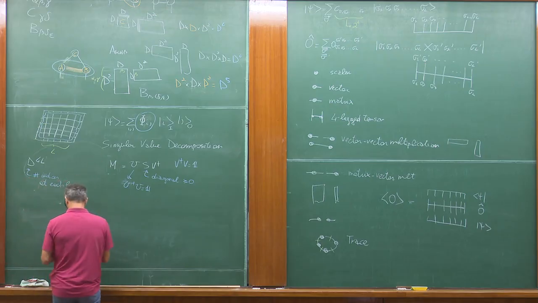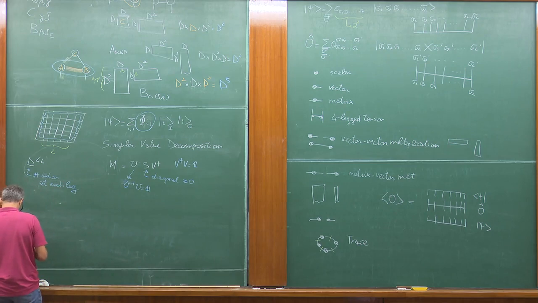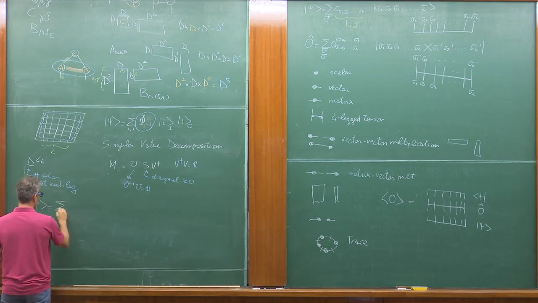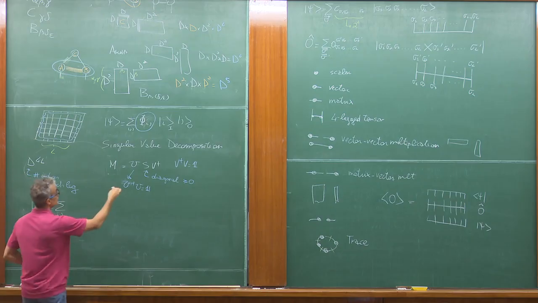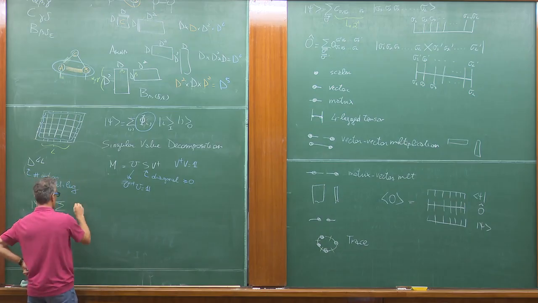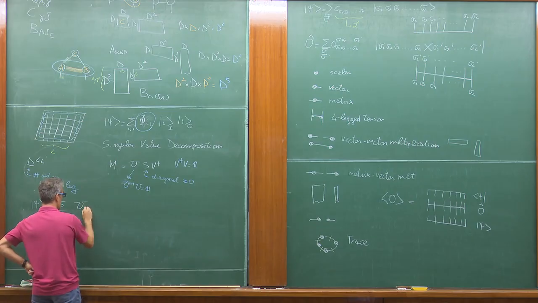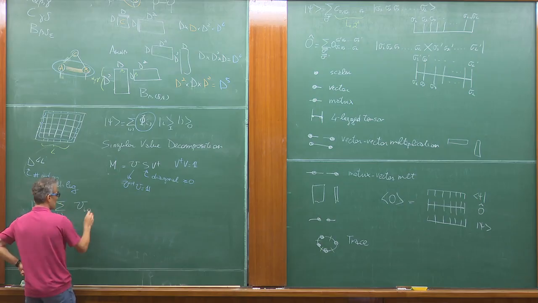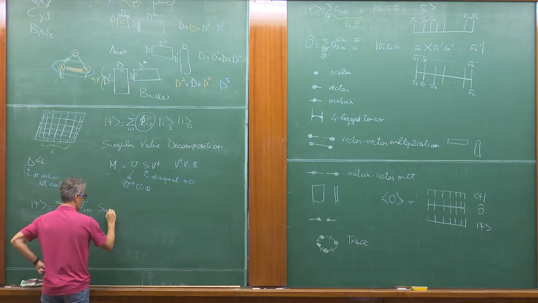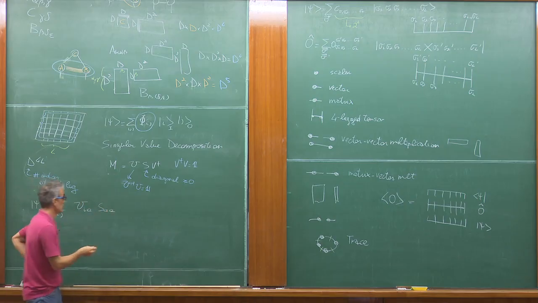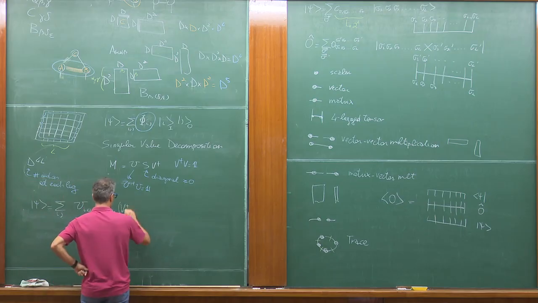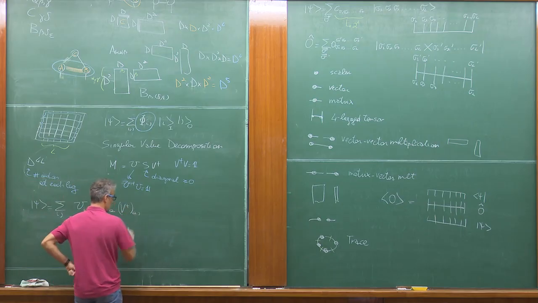Okay, so I can write psi as a sum over ij, and now let's use this notation. So I have U, i, a, S_a because it's diagonal, and then I have V dagger, a, j.